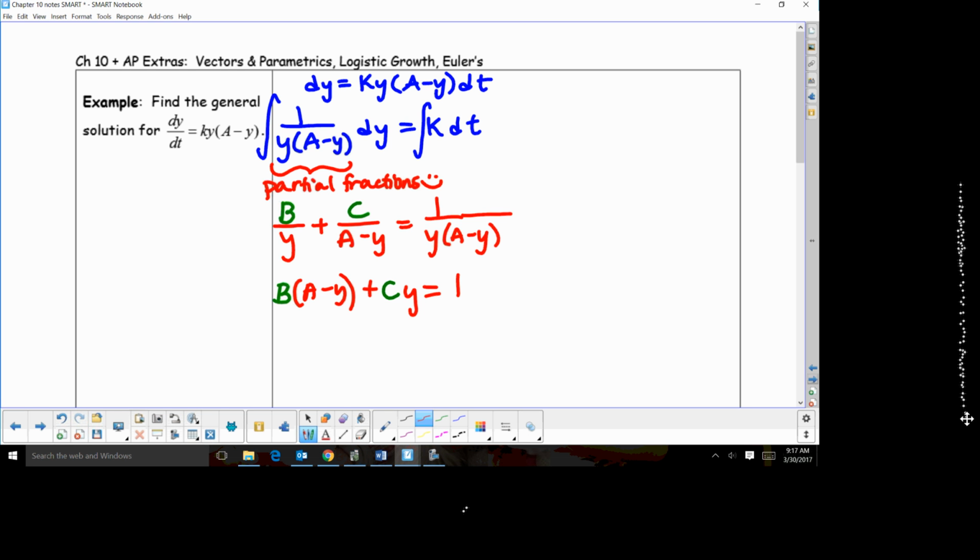Now we pick our magic numbers. We need y to equal 0, and we need y to equal a. Those are the magic numbers that we're plugging in.